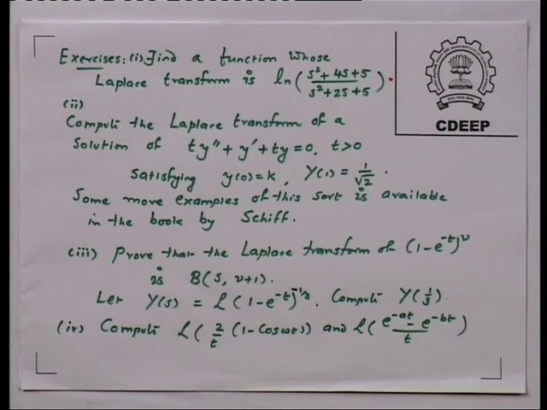Alright. And the fourth problem is to compute the Laplace transform of 2 over t times (1 minus cosine omega t). Remember we have calculated the Laplace transform of sin t by t, remember, yesterday? The same idea has to be employed. Please do these exercises.